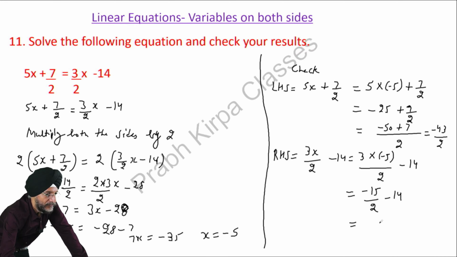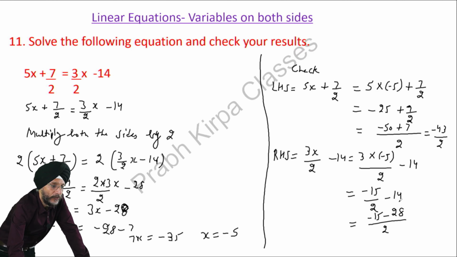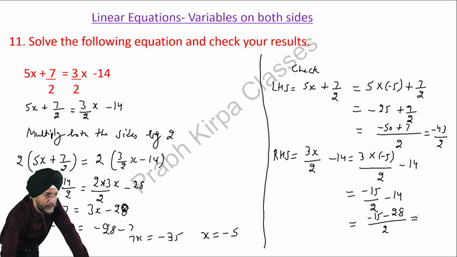Then 2 multiplied by 14 becomes minus 28, minus 28 minus 15, it becomes minus 43 over 2.